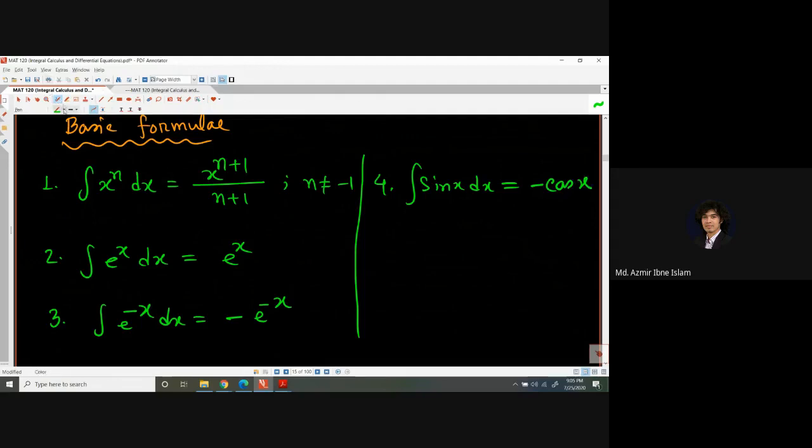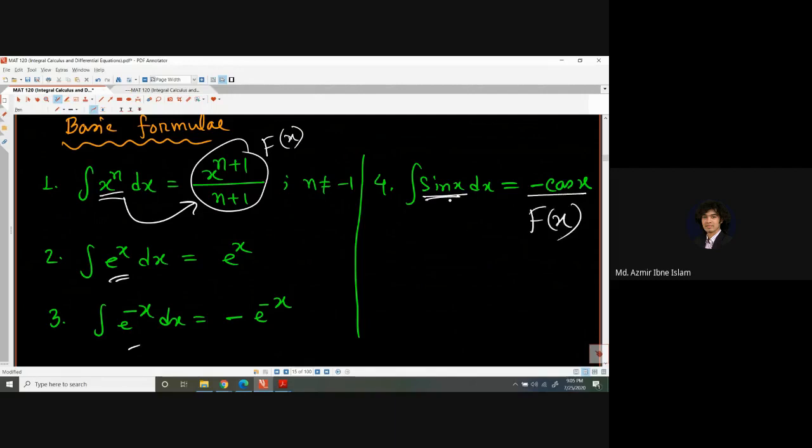Whatever result we get after integrating is called the antiderivative, capital F of x, and the original function is small f of x. You have to understand that this relation always holds.